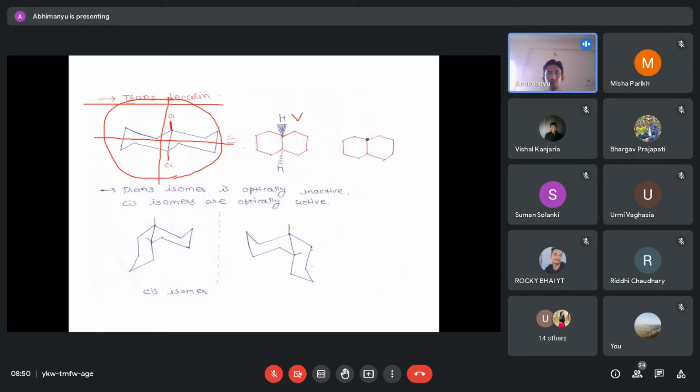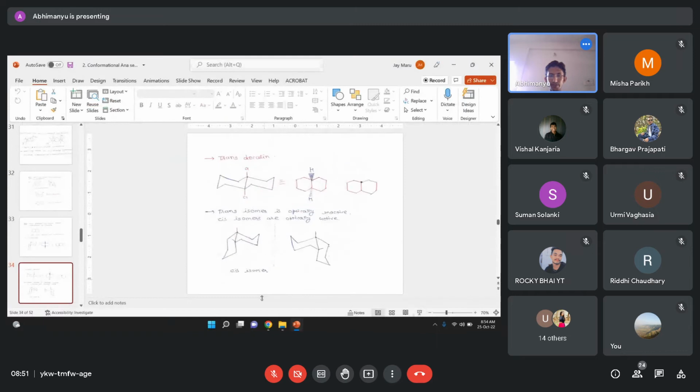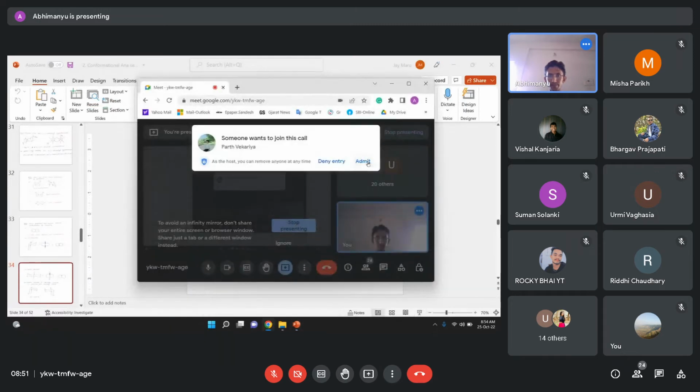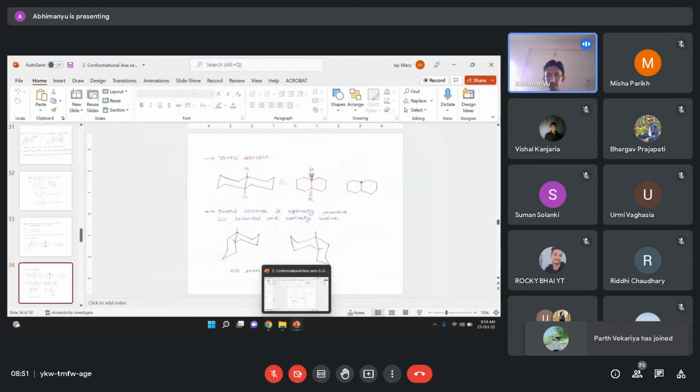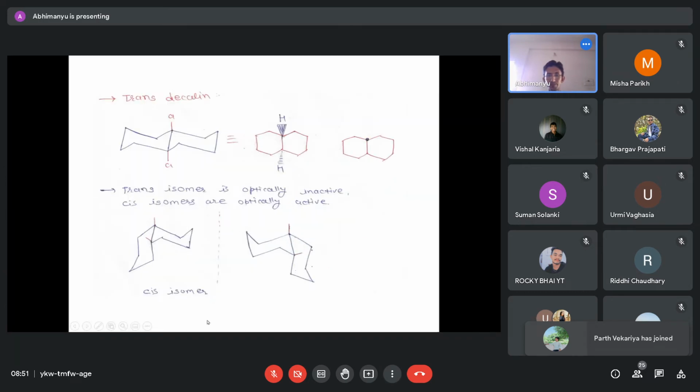Another presentation of transdecalin, third representation of the transdecalin: in transdecalin diaxial interaction is possible, but it cannot change into another conformation. So 1 axial 2 axial, okay, 1 axial 2 axial is the trans structure.